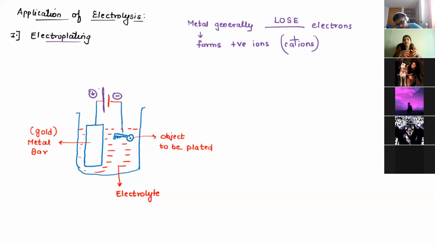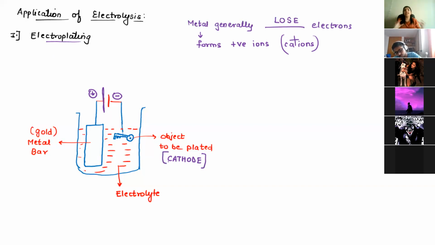Because from the metal, what is formed? Positive ions. So positive ions need to be attracted to the negative terminal. So the object to be plated has to be always the cathode.